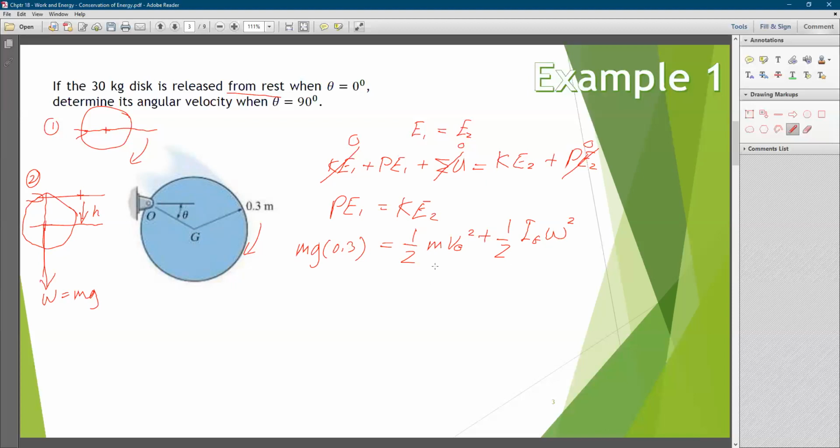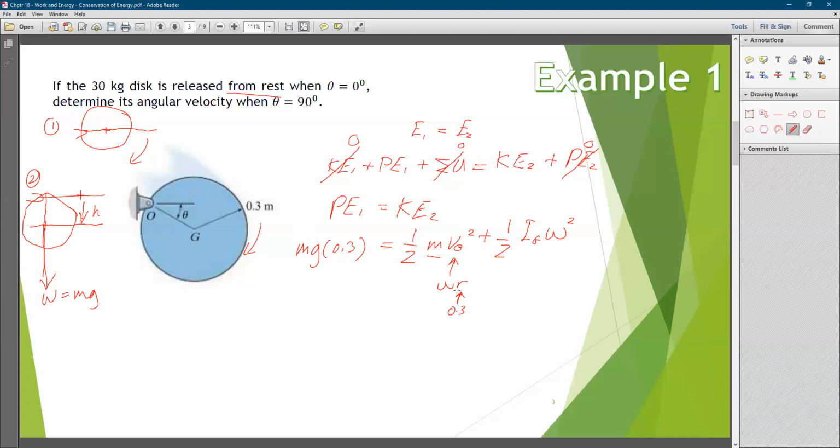We know the value of m. vG is omega r. r is known, which is 0.3.